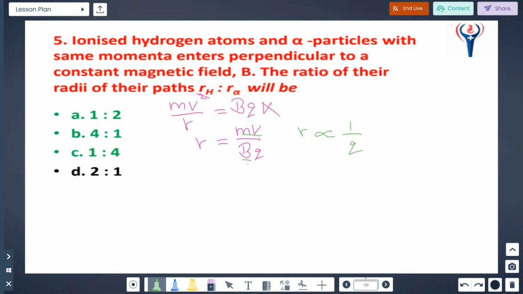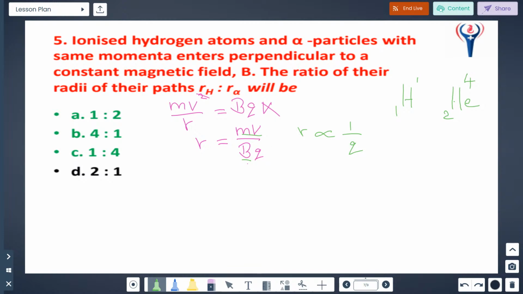And now we want to find the ratio between the radii of two particle. What are the two particle here? One is hydrogen atom, another one alpha particle. Hydrogen is H 1 1. Helium, that is alpha particle is a helium nuclei, He 2 4. Your bottom represents charge and top represents, what is top?